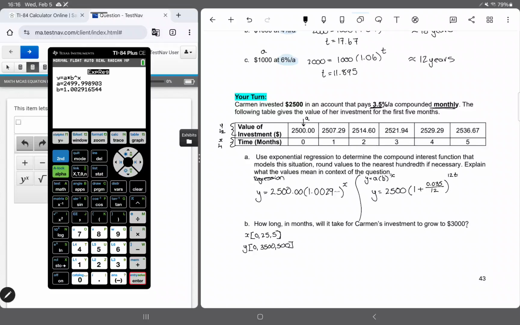I'm going to use the regression one just because it's what's in my calculator. So remember Y1, we're going to put our regression. It should already be stored there. And Y2, we're going to put in 3,000. So I can see that's already stored there. I can see my x isn't big enough. I got to go bigger.